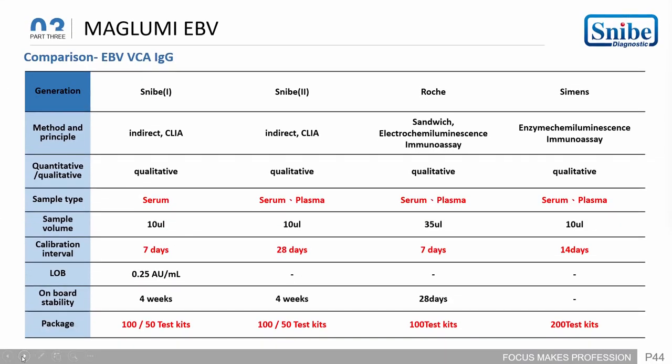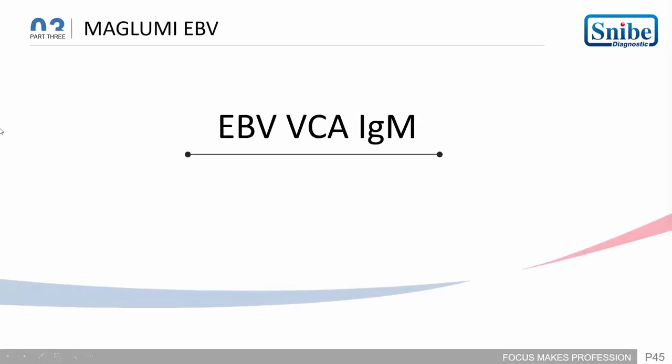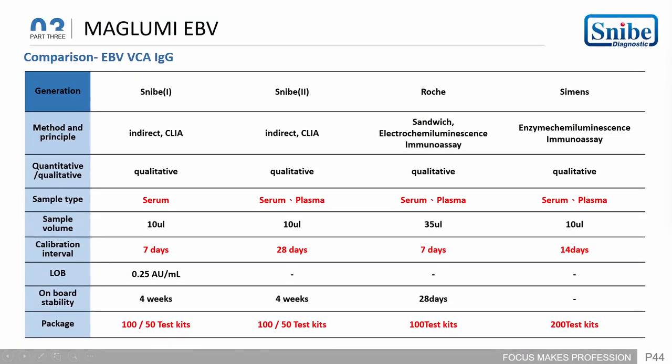If we talk about EBV VCA IgG, we have competition in this parameter with Roche and Siemens. Comparing our second generation assay with Roche and Siemens, we have an indirect CLIA technique, while they have a sandwich technique and a chemiluminescence immunoassay technique.